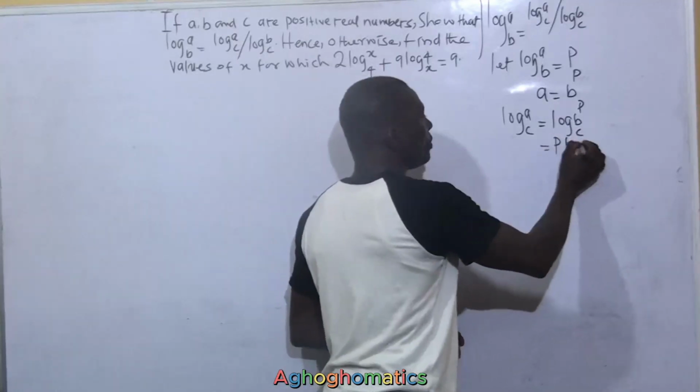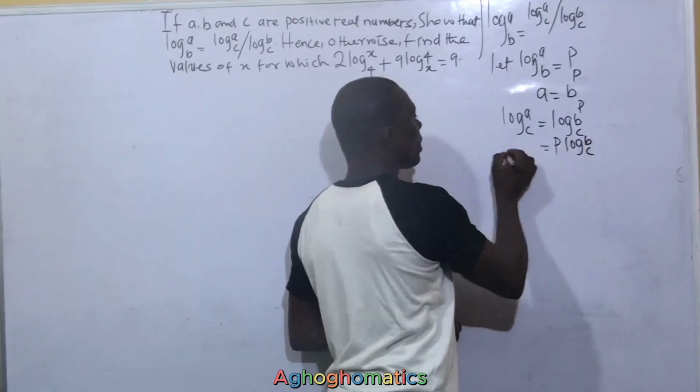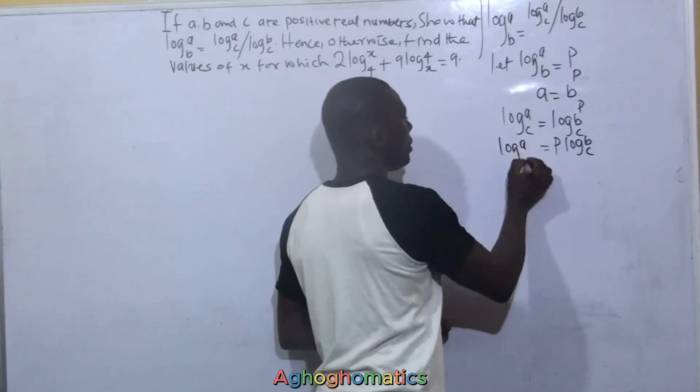Here it becomes P log B to base C. So here we also have log A to base C.